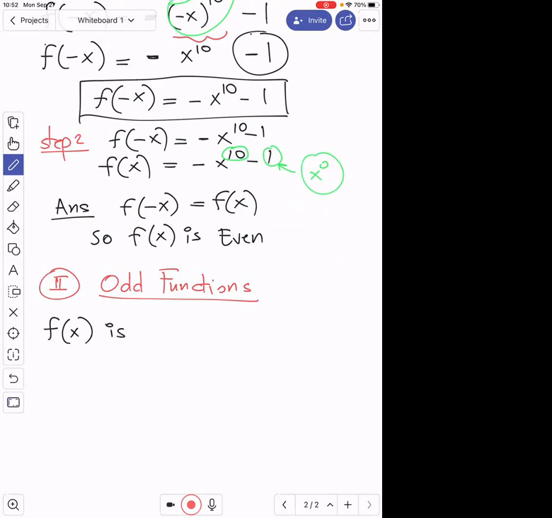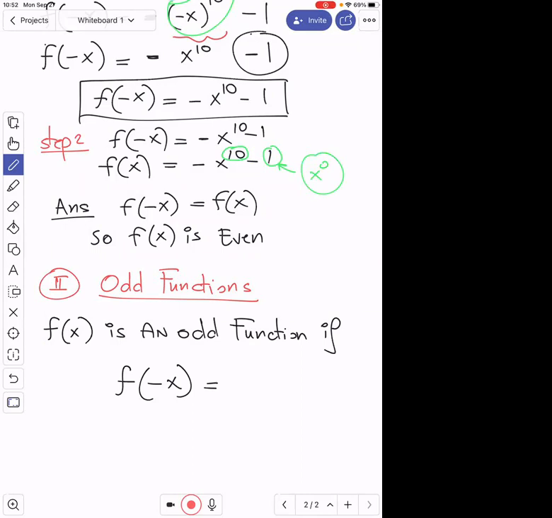So f of x is an odd function if f of minus x is equal to, so in the case of even functions, f of minus x would be just equal to the original function, which is f of x.